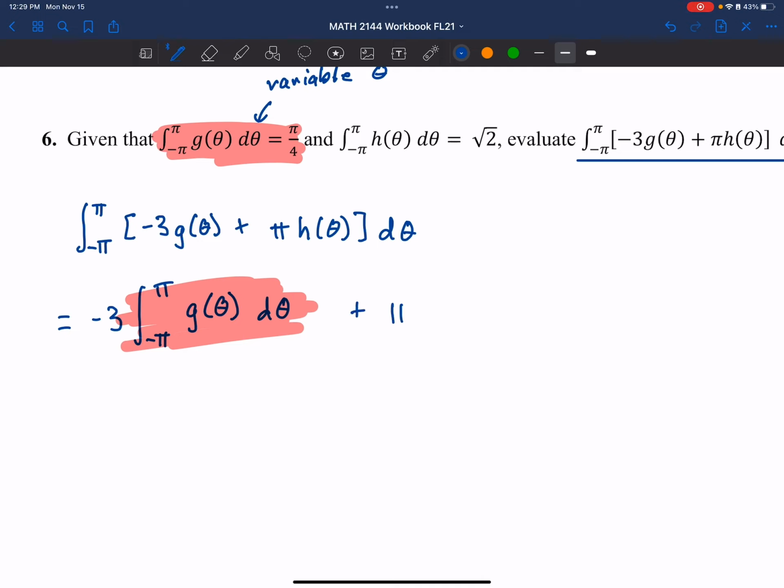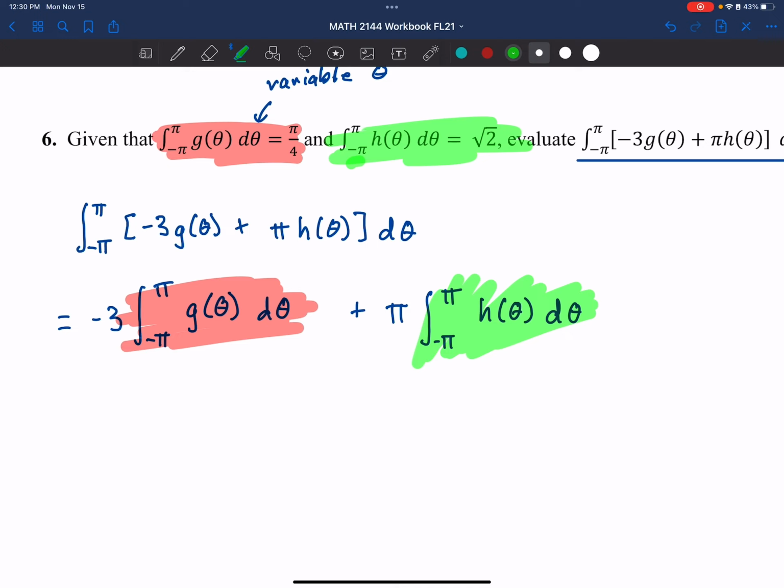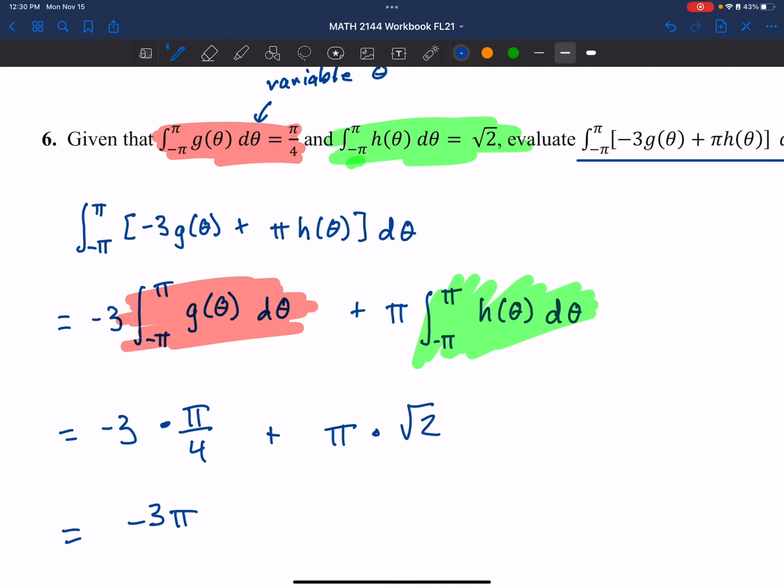This is just going to be pi, because remember pi is a constant, from negative pi to pi of h of theta d theta. And then we have this right here is just that right there. So the integral here is going to be negative 3 times pi over 4 plus pi times square root of 2, or negative 3 pi over 4 plus pi rad 2.